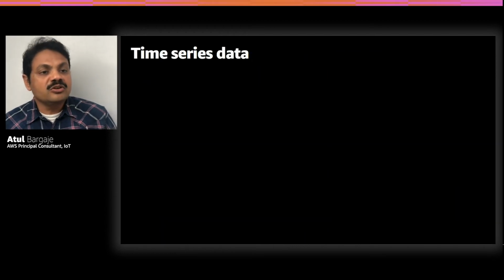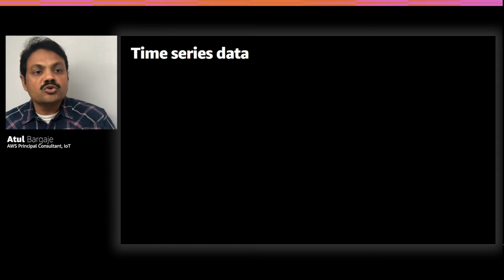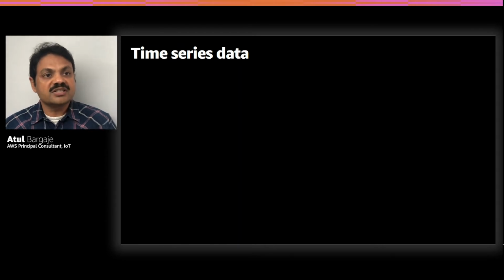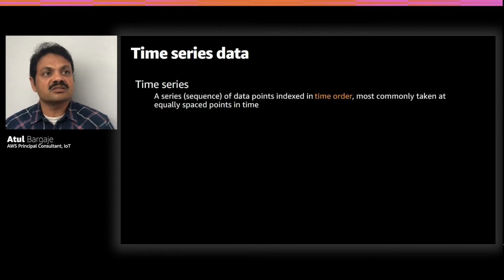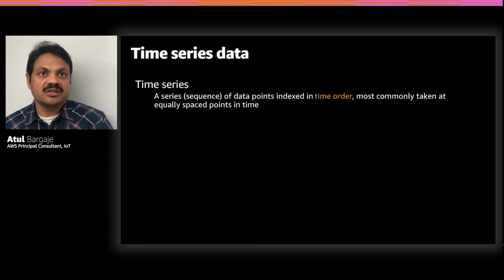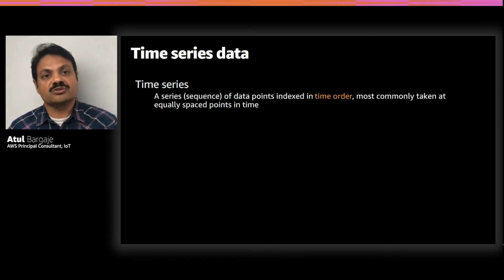When you're dealing with data coming from sensors, more often than not, this data will be time series data. And time series data is basically a sequence of data points indexed in time order. Most often, these data points are equidistant to each other, but in some cases they may not be.